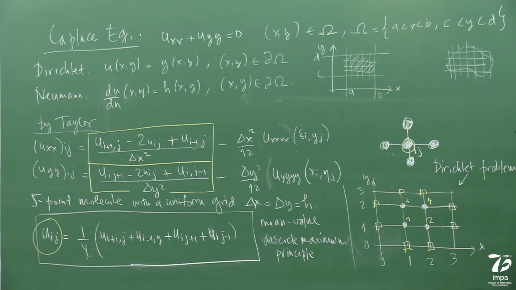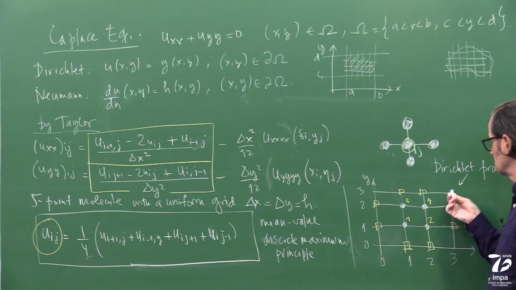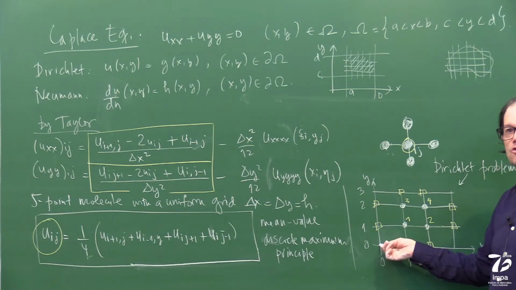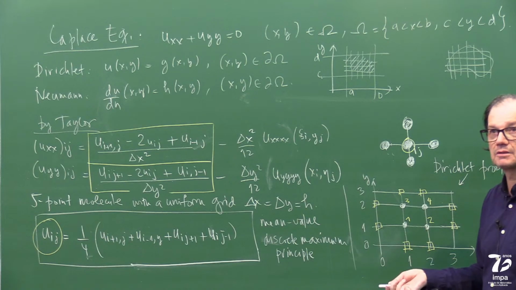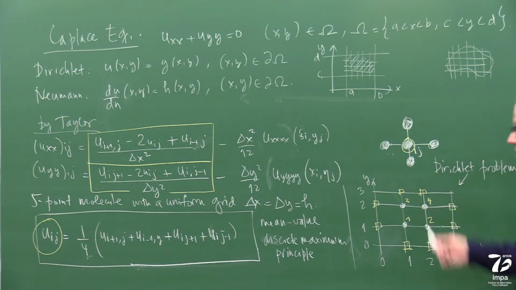On the boundary, I only need Dirichlet data at the squares, because at the corners here, nobody talks to the corner because of my 5-point molecule. These points don't affect the discrete solution. So this is just one simple thing.